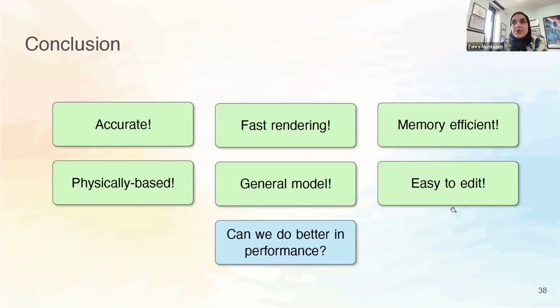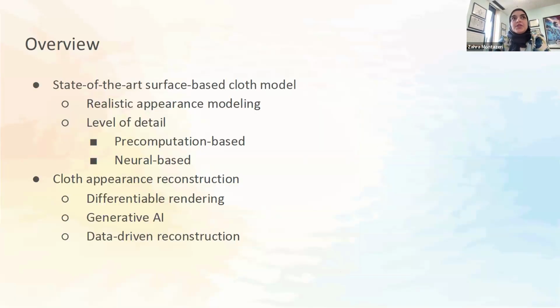They are very easy to edit, but what if we can do better? We still have room to improve. Can we do even better? That brings up my last part of the talk, and here's the overview. We start with state-of-the-art surface-based models, so basically that's pretty much where we left off.